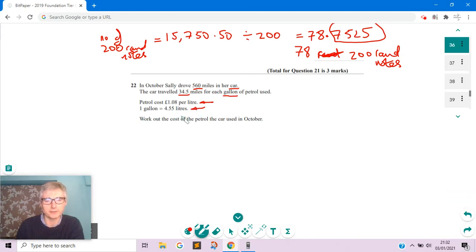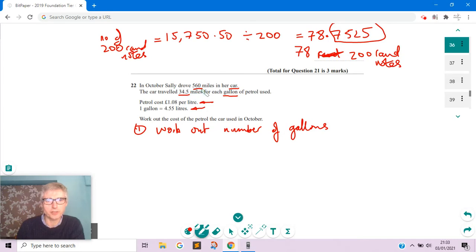We're told that 1 gallon is 4.55 litres. So the first step in this one, I would say, is to work out the number of gallons of petrol being used.